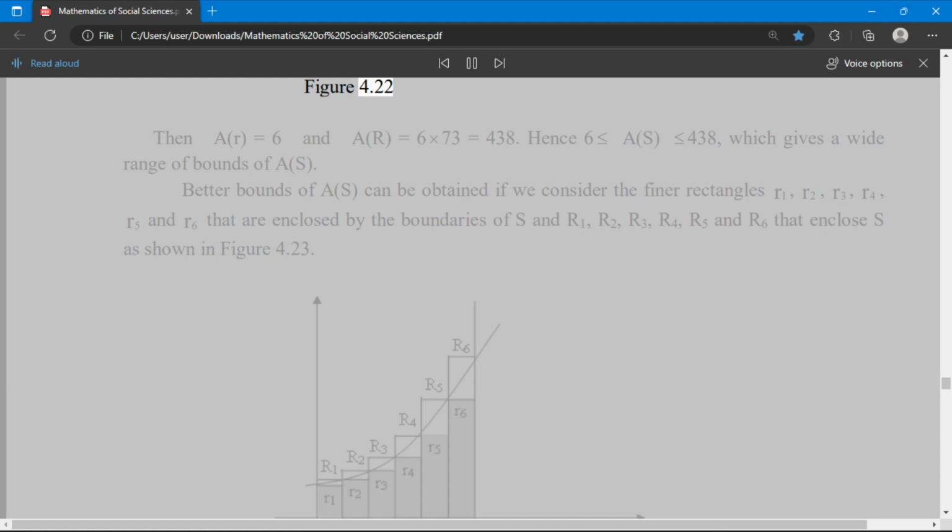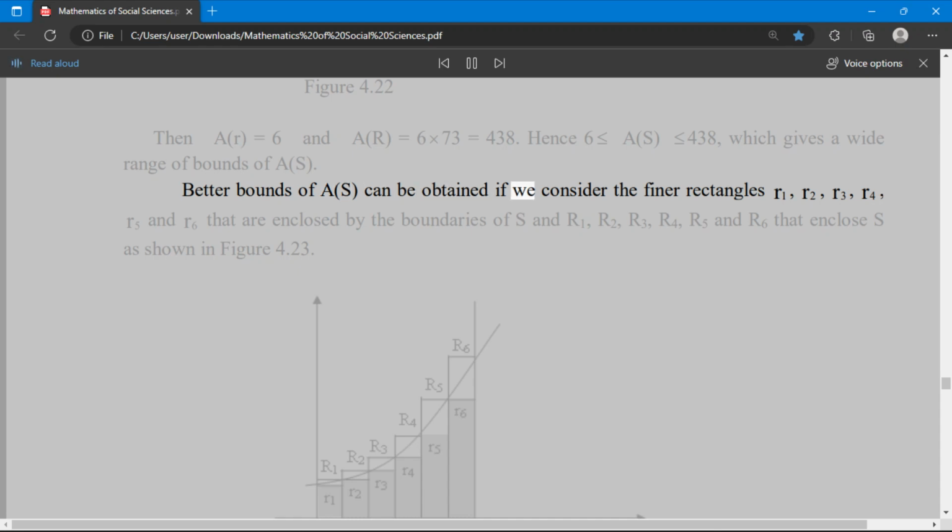Then the bounds give a wide range for A(S).